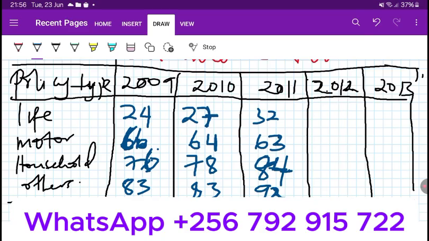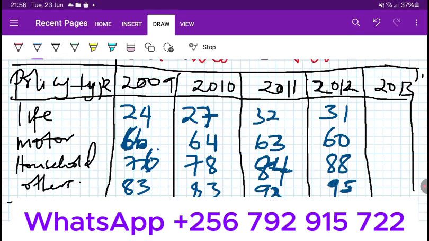2012, for life we have 31. 31 plus 29 gives us 60. 60 plus 28 gives us 88. Then 88 plus 7 gives us 95.